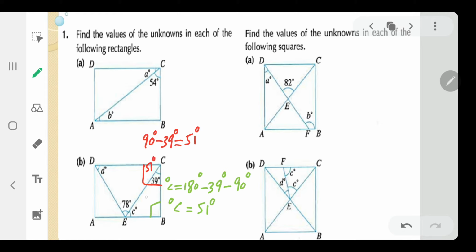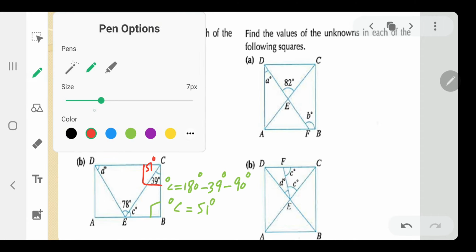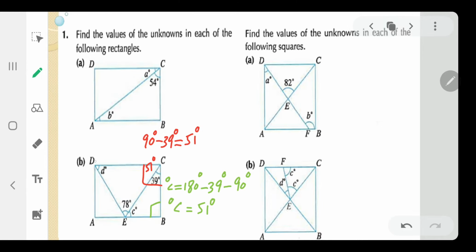Now because DEC is a triangle, the sum of three angles of this triangle must be equal to 180 degrees. So we can find the value of D. How do we find the value of D?